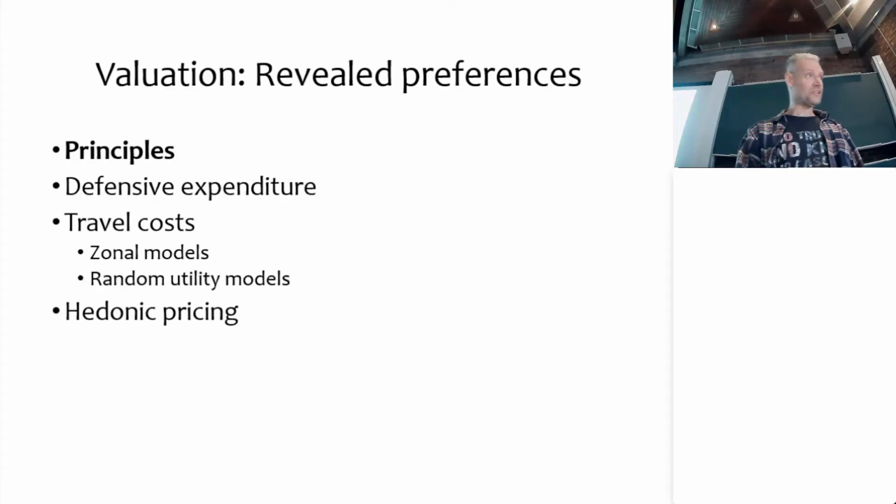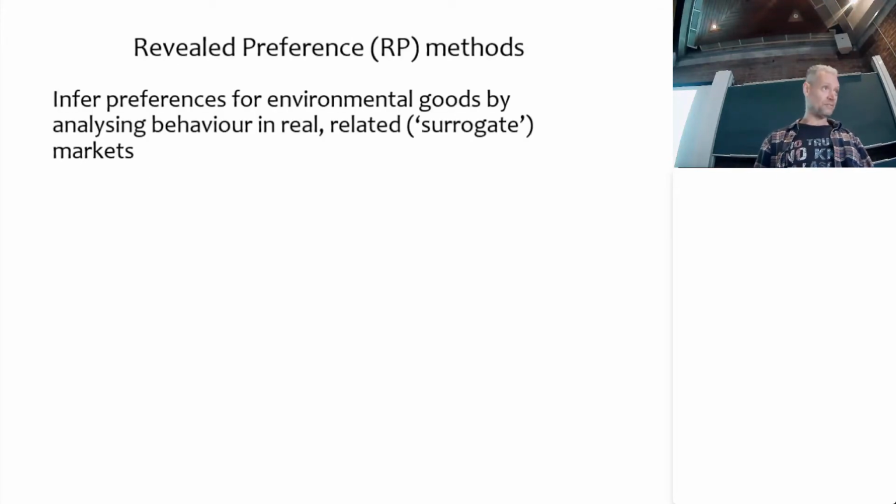Let's start with the principles behind revealed preference. Essentially what you do in these methods is that you infer the preferences of people for environmental goods by analyzing their behavior in real, related, or surrogate markets.